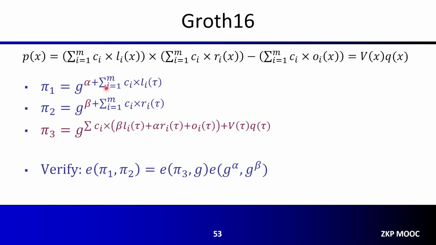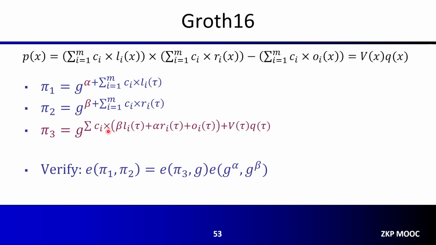So you have these terms in the exponent by this pairing check. Then you have some additional terms. When you multiply the exponent of pi1, pi2, you have beta times the summation of ci times li, and that's taken care of by this first term in the new pi3. You also have the cross term alpha times the summation of ci times ri(tau), and that's taken care of by the second term of this new summation.